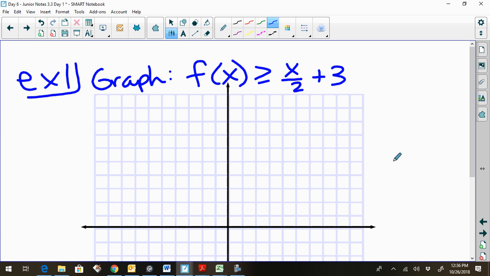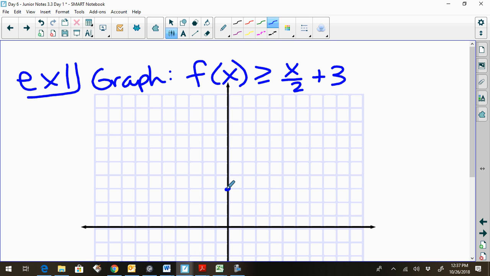Graph the function f of x is greater than or equal to x over 2 plus 3. Now this is something that you should be very familiar with, so we're going to just run through it quickly, and then you'll have this in your notes. So we know how to graph this. We're in slope-intercept form. So we go up to 3, we plot our point.